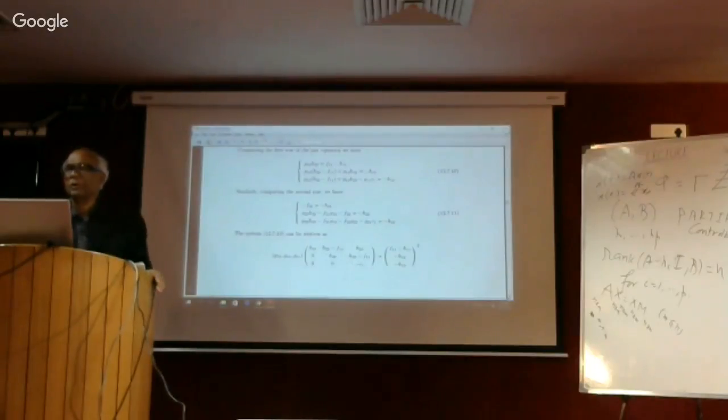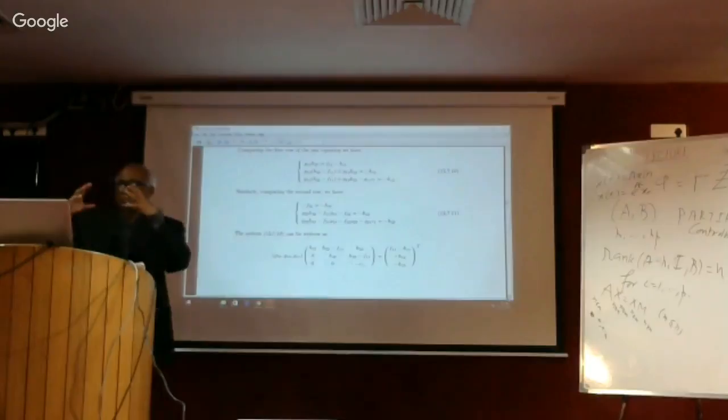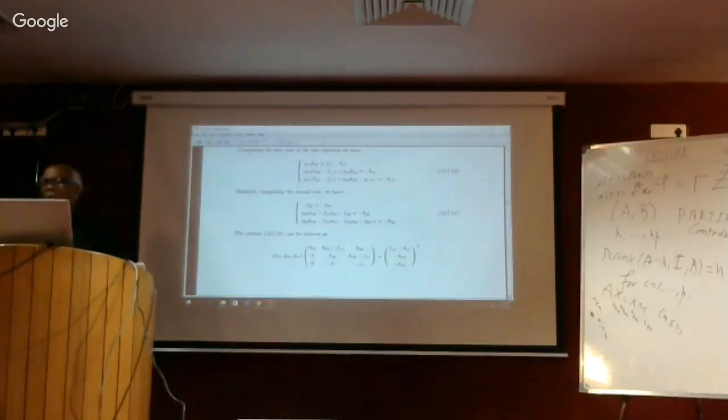Everything is computed. So you see, if you understand what is going on here, you are exploiting the special structures of the matrices Y, F, and G. Y has been taken in a special way: it's an upper triangular matrix with ones along the main diagonal, of course a non-square matrix.